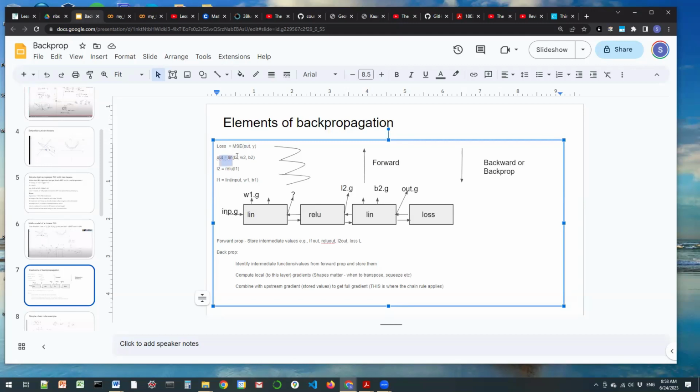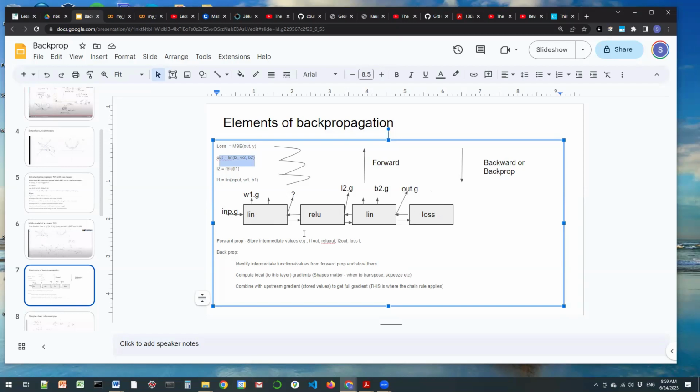So in every instance, it is the gradient of the loss with respect to the input of the downstream block, that is, the output coming out from here, that is the upstream gradient coming into this block.